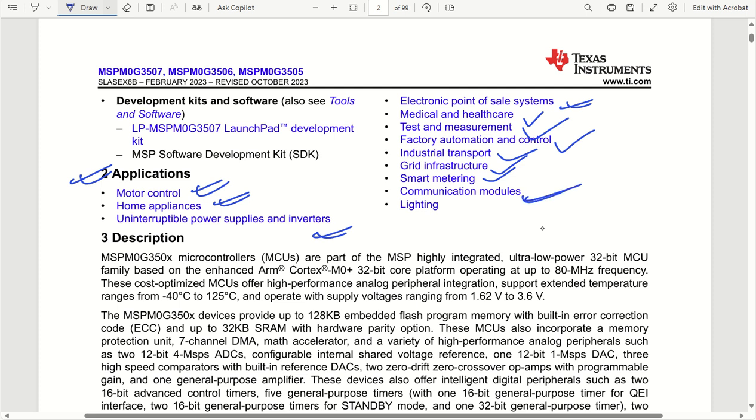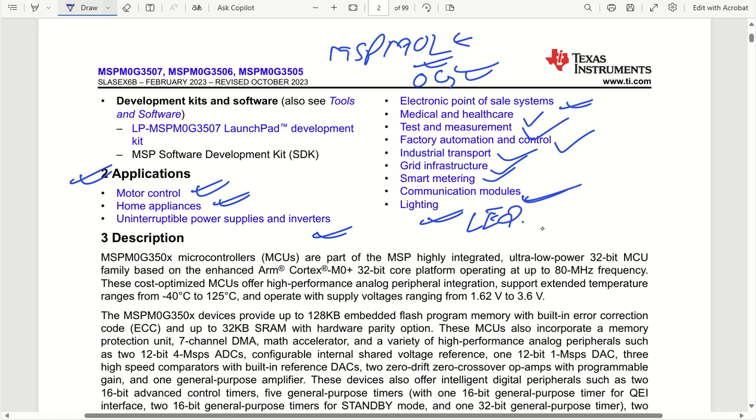Then we have communication modules and lighting. Lighting is basically LED drivers with motion sensors and all these things. These are the various applications where these ICs can be utilized. Wherever you see that the MSPM0L cannot be used because of the lower speed or lower pin count, the MSPM0G series can be used because it has better functionality, a little bit of upgradation.